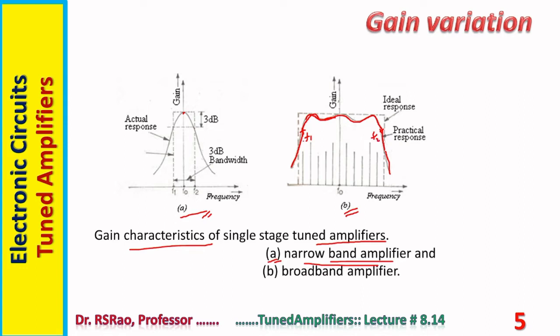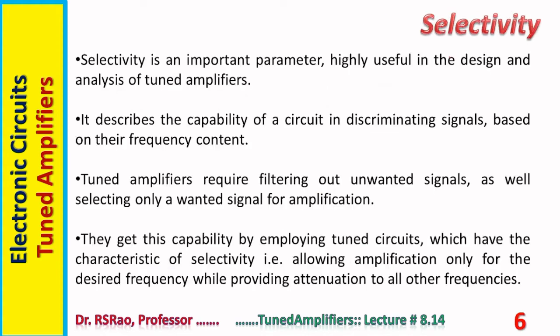Notice F1 is called the lower cutoff frequency, F2 is called the upper cutoff frequency, FL, FU. F2 minus F1, or FU minus FL, is the bandwidth. In B is shown a characteristic for which F2 minus F1 or FU minus FL is large. So the amplifier which this gain represents is called a broadband amplifier.